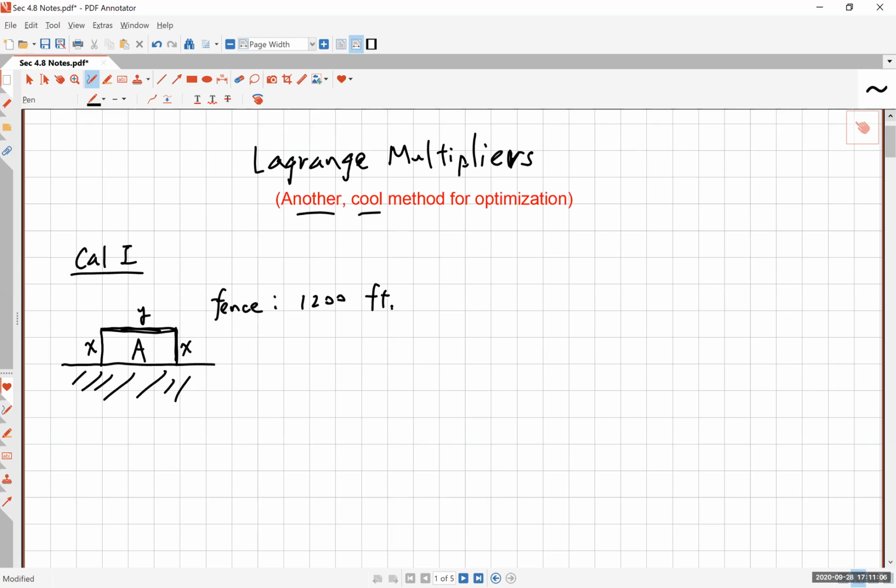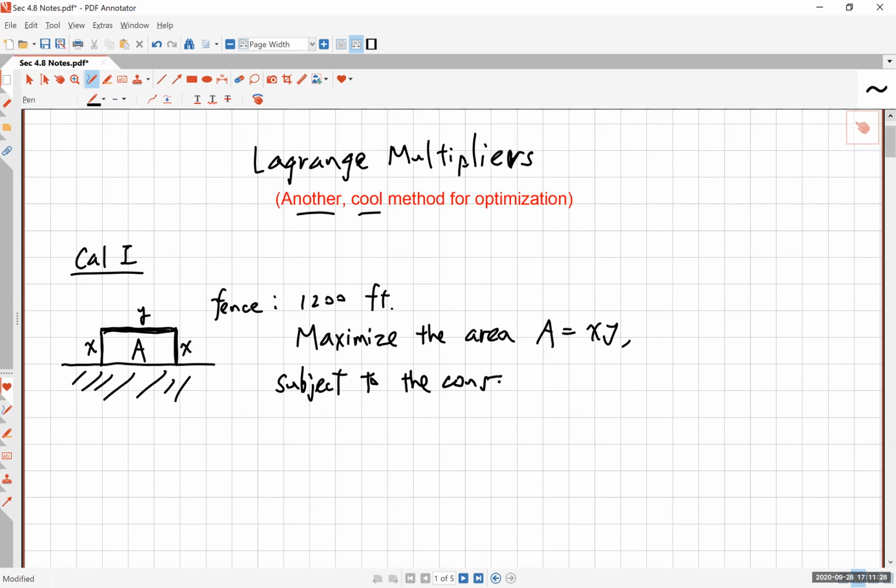So you have x plus y plus x. You are supposed to maximize the area, and of course, the area A is xy, subject to the constraint.